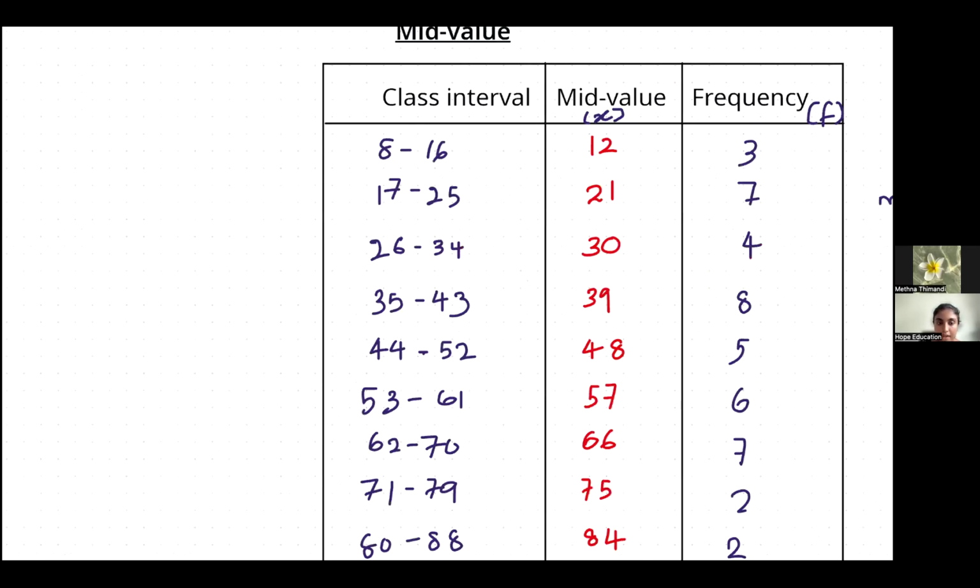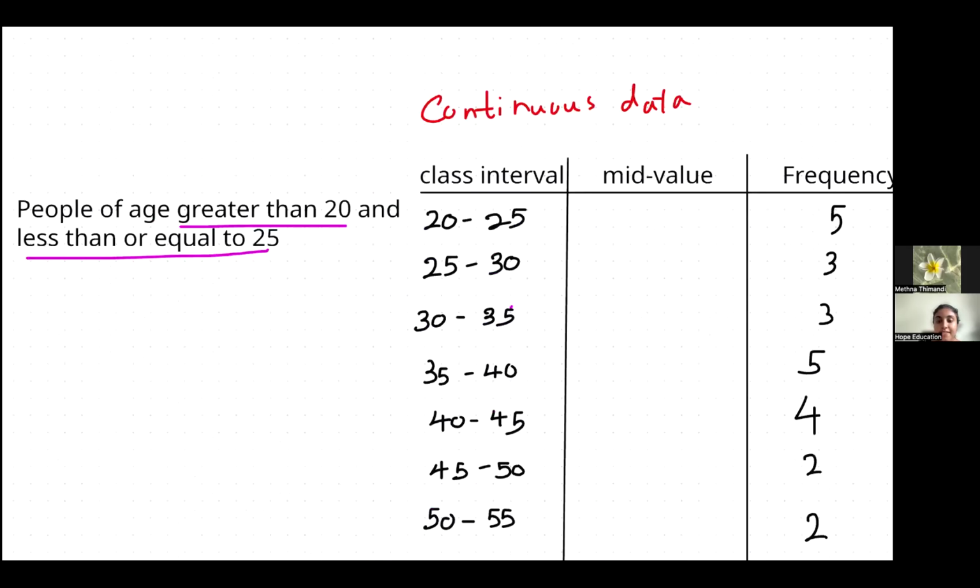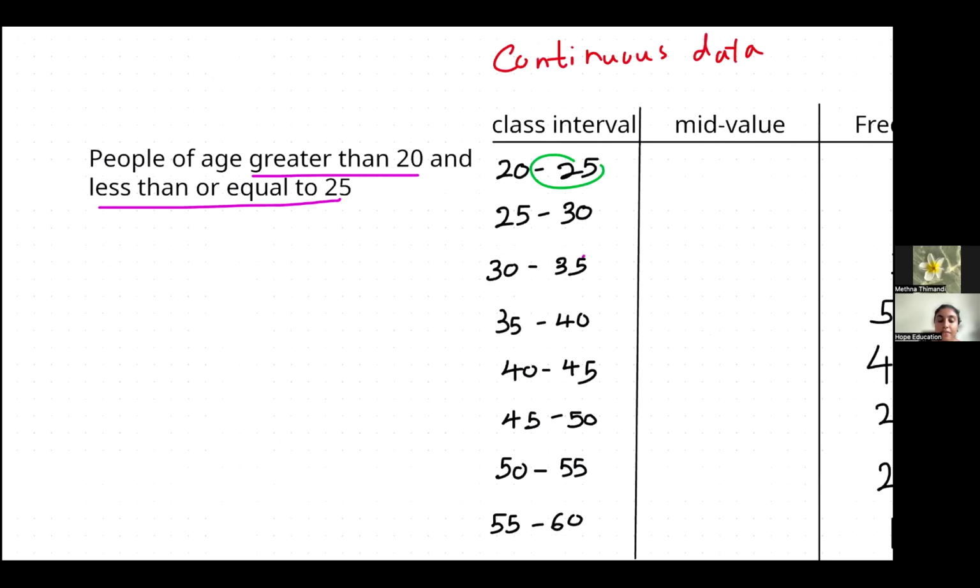Since this is discrete data, there was no place to put a value like 16.5. Here we have 25 and 25. Let's say a data value of 25.5 comes. Do I put 25.5 in group A or group B? B, because B is people of age greater than 25.